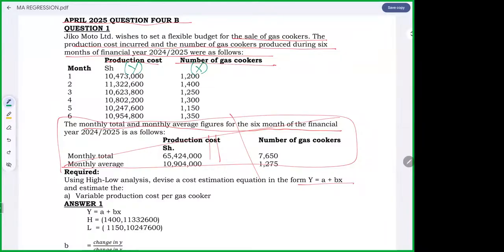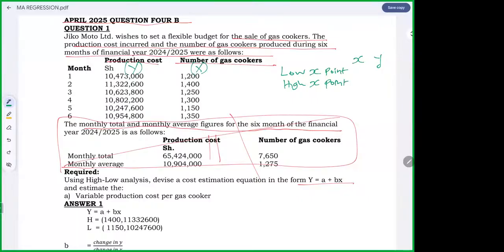Then I expect you to give me the low X point and the high X point, because the high-low method uses 2 points in form of X and Y. Looking at this very well, I'm now looking for the low.